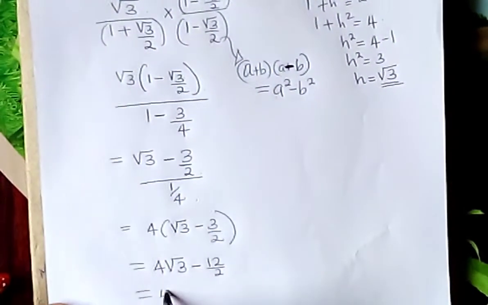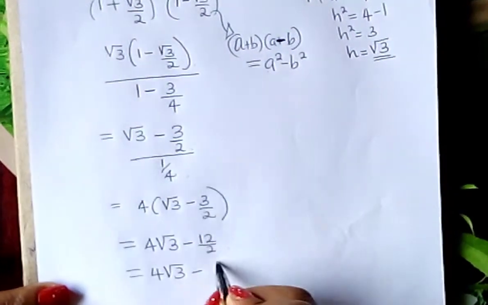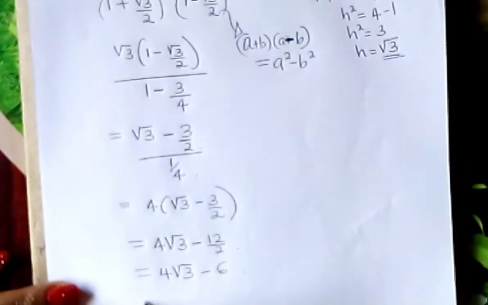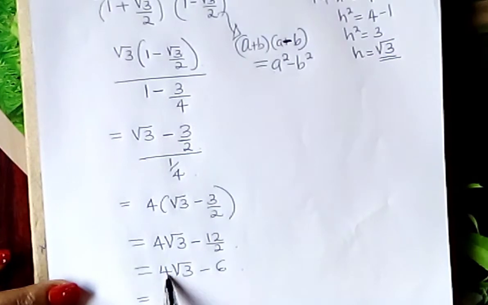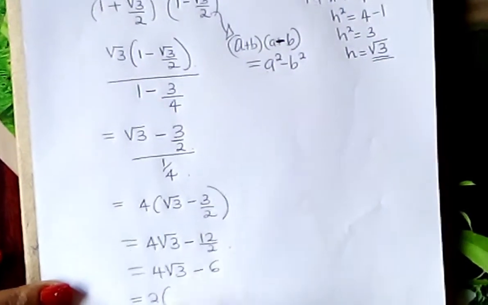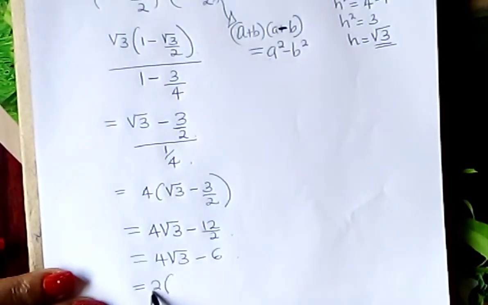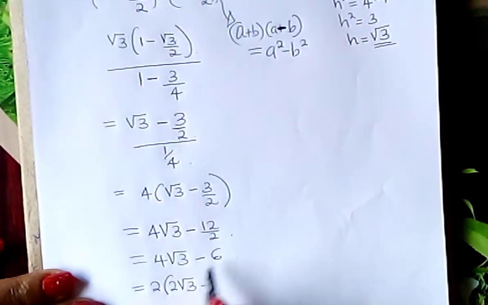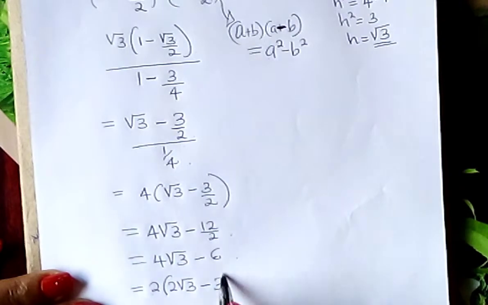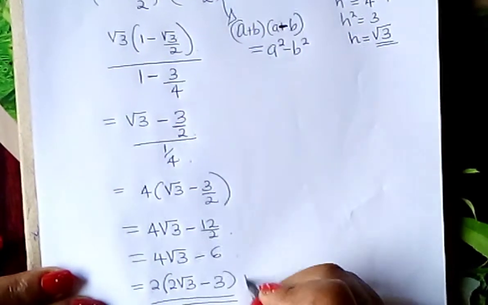So you talk of 4 root 3 minus 6. You can factor out 2 from here, and you'll be left with 2 root 3 minus 3, and that is the answer.